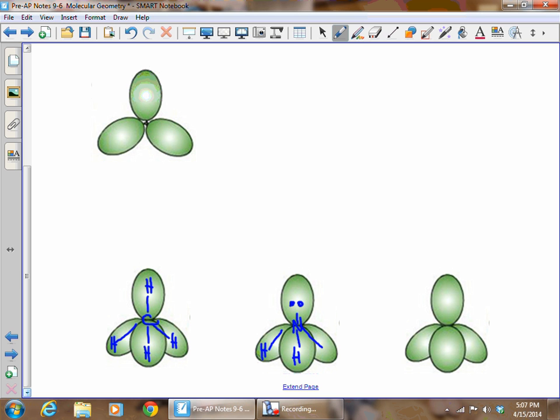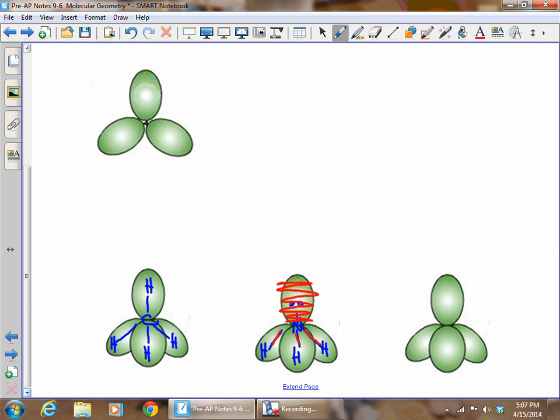Now if you look back a couple of pages where I showed you all of the different types of structures, when you have tetrahedral for the electron pairs, but we have to imagine not being able to see this lone pair, if you look at all that's left, you'll see something that looks like a pyramid.